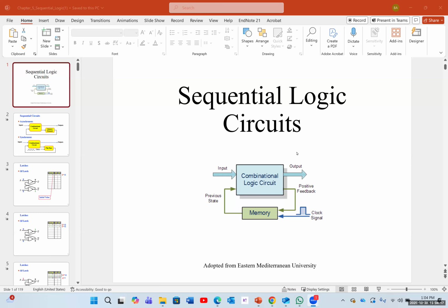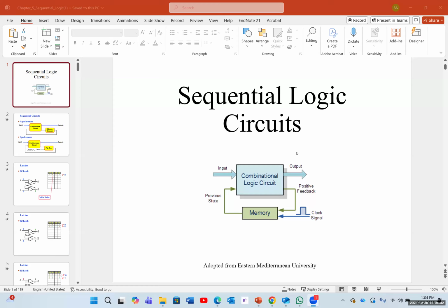And therefore, usually they have memory, and the output of a sequential logic circuit depends not only on the input at that time, but also on the output from the previous timing.